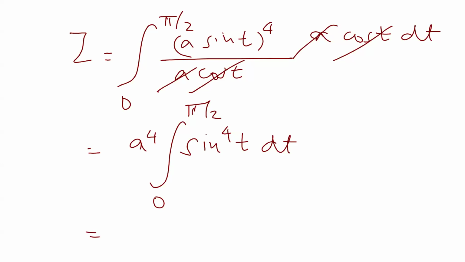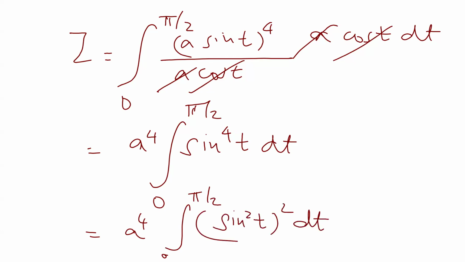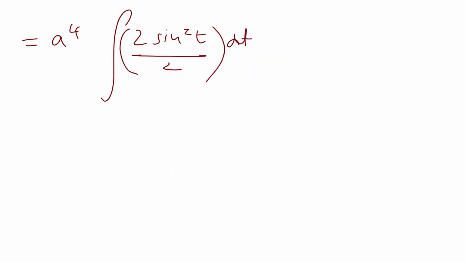Okay, now sine raised to 4 and cos raised to 4, try and understand how to solve this. Integral 0 to pi by 2 of sine square t the whole square dt. Now within the round bracket we'll multiply and divide by 2. So a raised to 4 integral of 2 sine square t upon 2 dt, 0 to pi by 2.